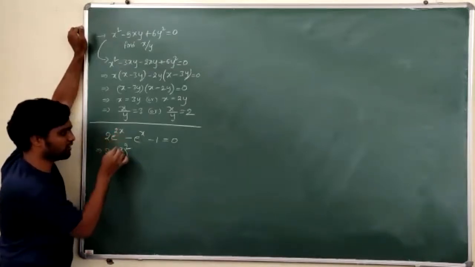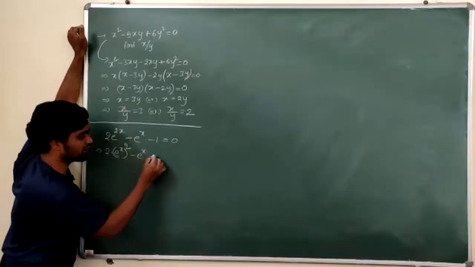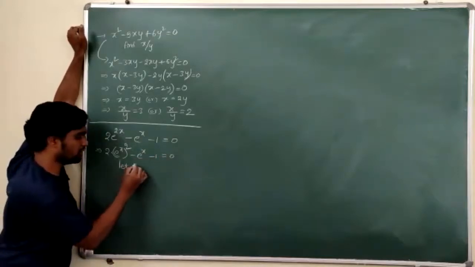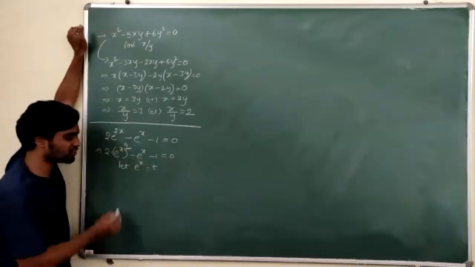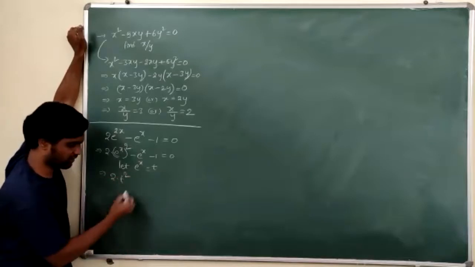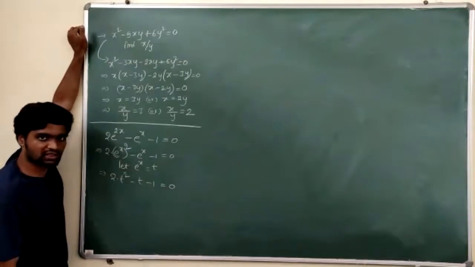A power m into n, a power m whole power n, exponential property. Minus e power x minus 1 is equal to 0. Now, let e power x is equal to t. So 2 into t square minus t minus 1 is equal to 0.